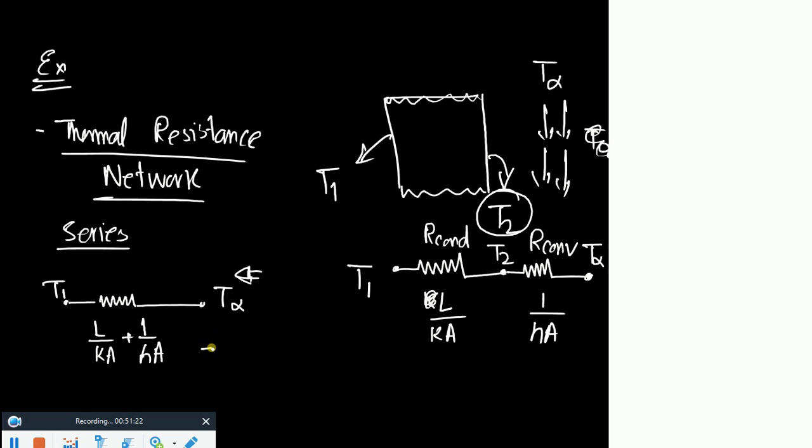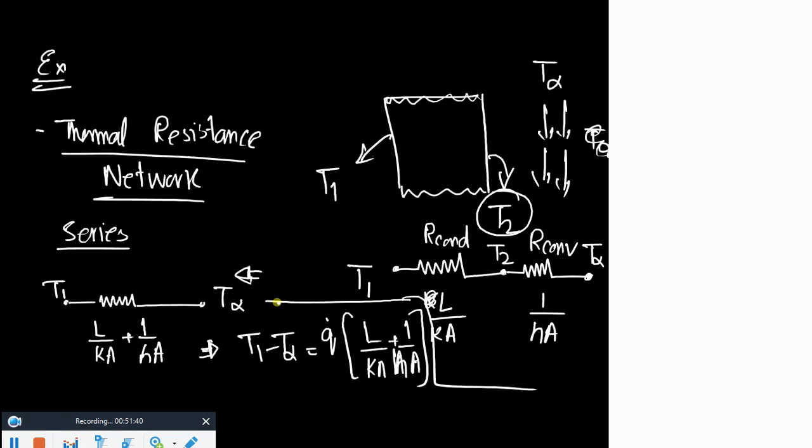Okay, now see, you can represent this as T1 minus T infinity equals Q dot into L over KA plus 1 over hA. This is what you have.